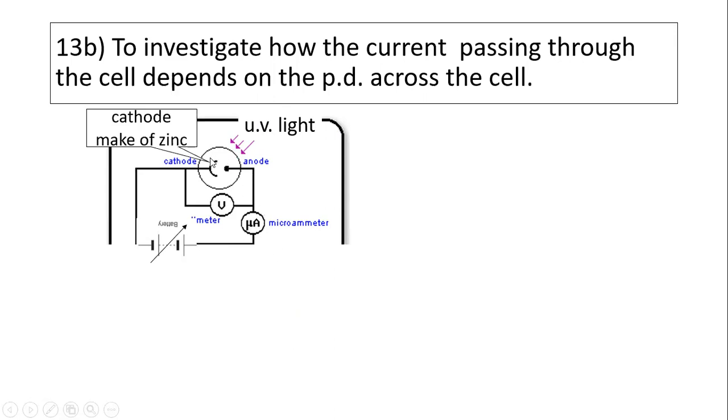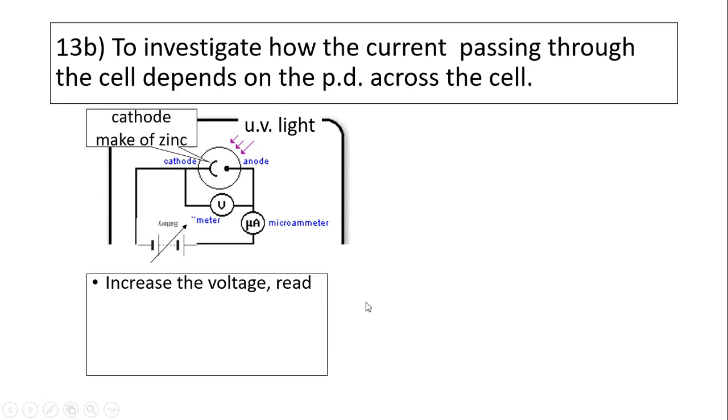So that is your cathode made of zinc. To increase the voltage, read the voltmeter. That's a voltmeter. Right? That is the symbol for a variable power supply. And then read the microammeter. We have to use a microammeter because the current is very small.